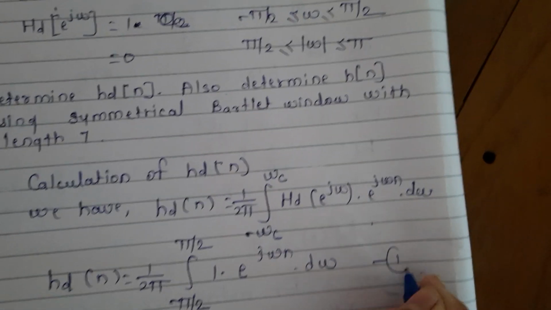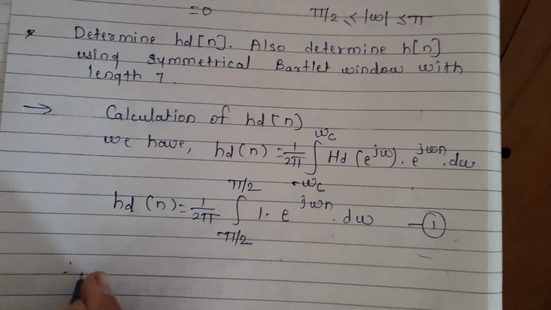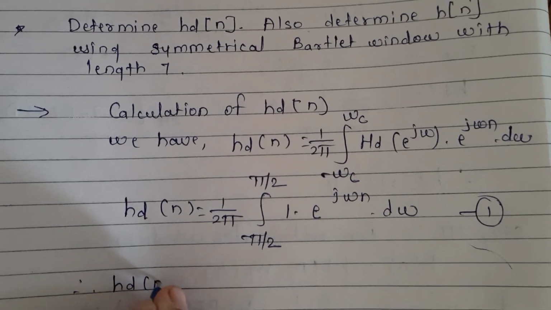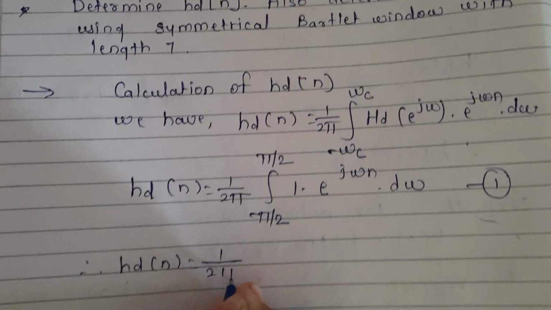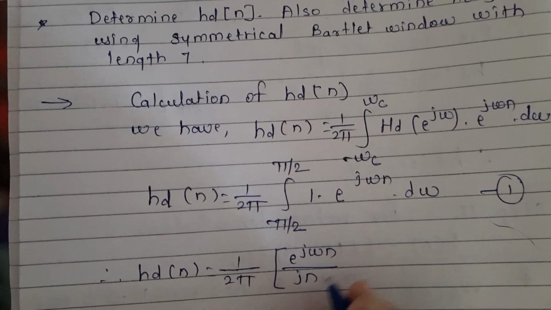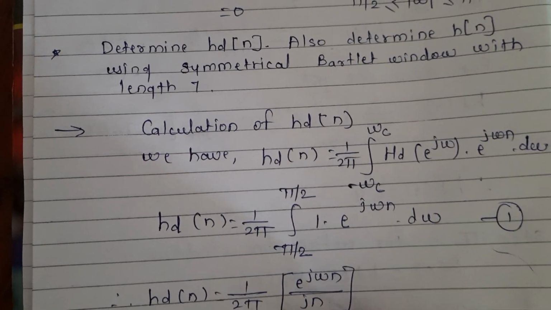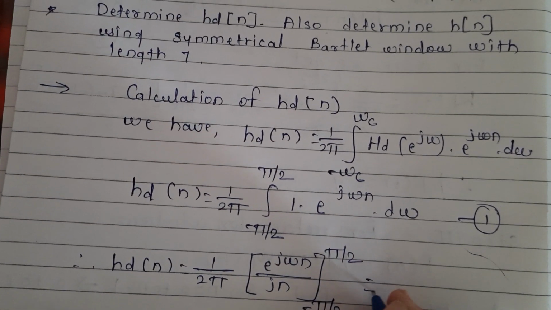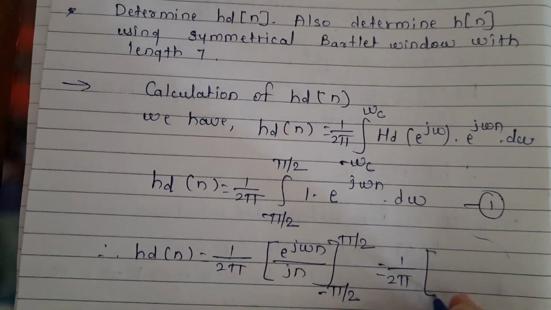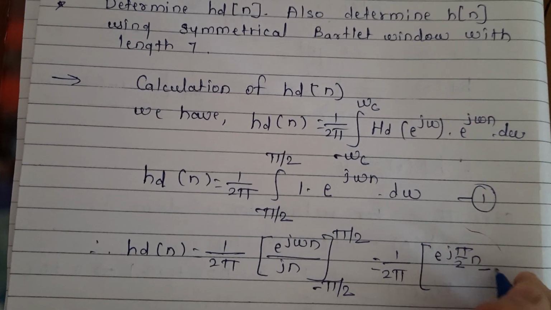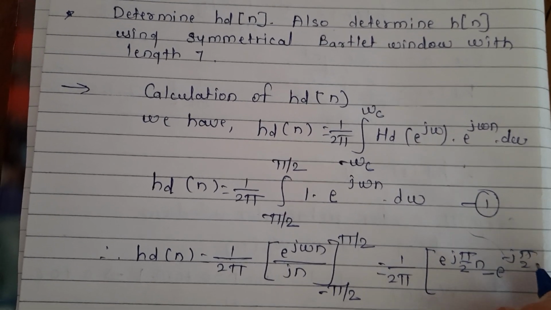This is equation 1. Therefore hd of n is equal to 1 by 2 pi, e raised to j omega n by j n. So we substitute these integration values here. It is e raised to j pi by 2 n minus e raised to minus j pi by 2 n.